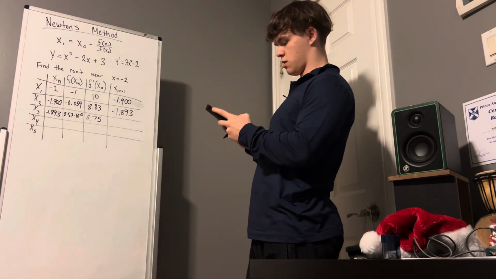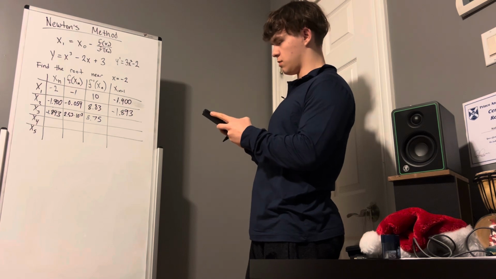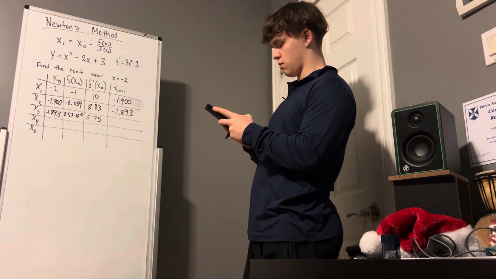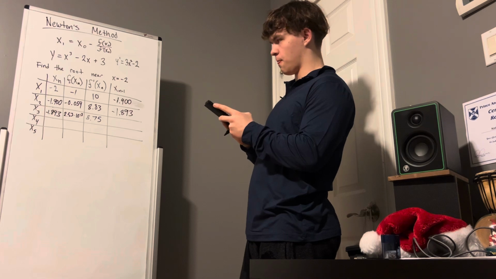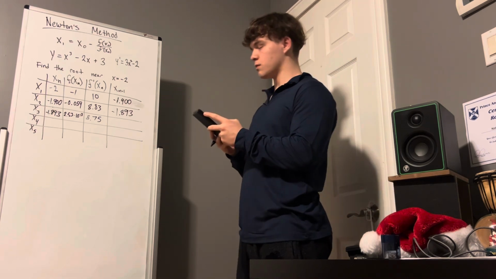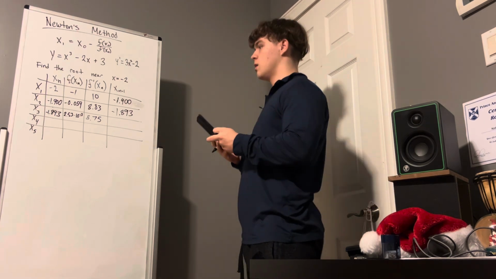So 2.53 times 10 to the negative 3 divided by 8.75 equals a very, very small number.